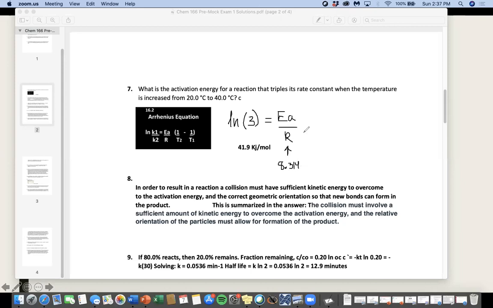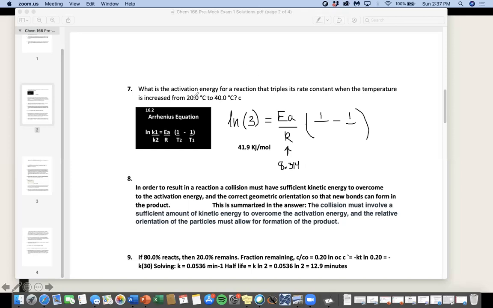And then we have our 1 over T2 minus 1 over T1. And so the only thing that we have to do here is that in these equations, because our label on our R, which is our constant here, is in Kelvin, we have to convert our temperatures into Kelvin first.